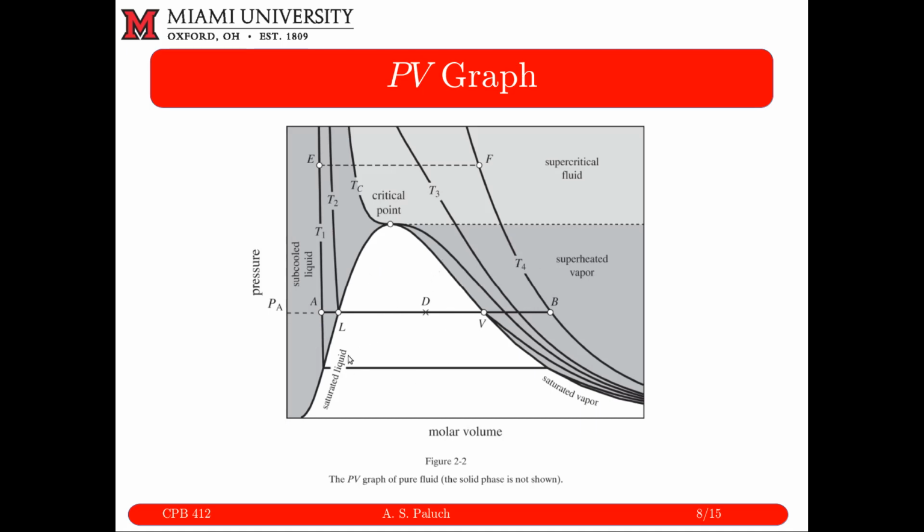We said that if I'm underneath the dome, I have a system at 2-phase coexistence. If I am to the left of the dome, as labeled here, we call it a subcooled liquid or a compressed liquid. So what does that mean? Well, if I'm at this point here, this point L, so that's on my coexistence curve, I have a system at 2-phase coexistence.